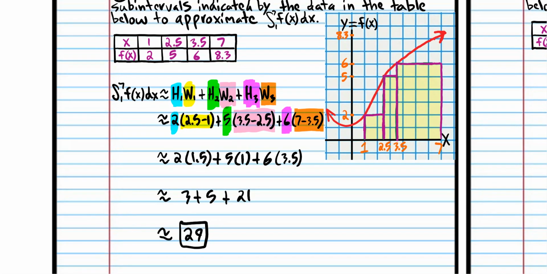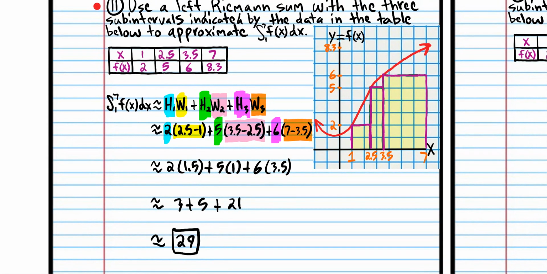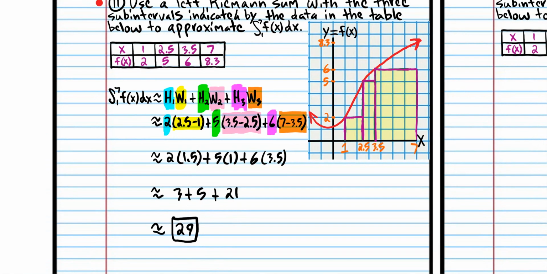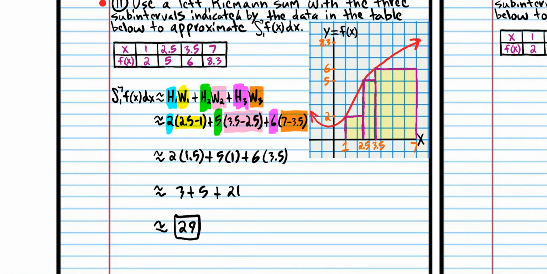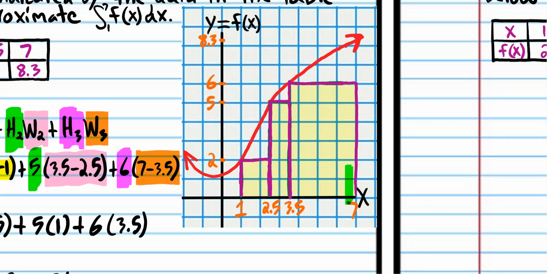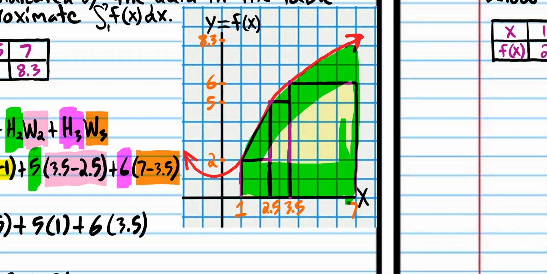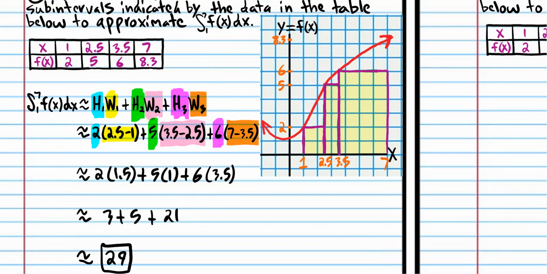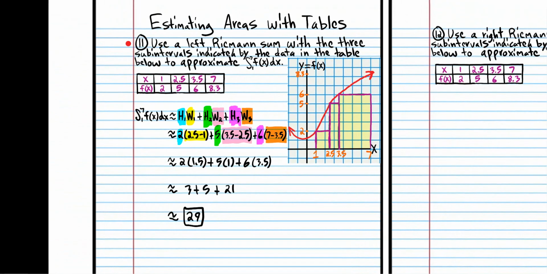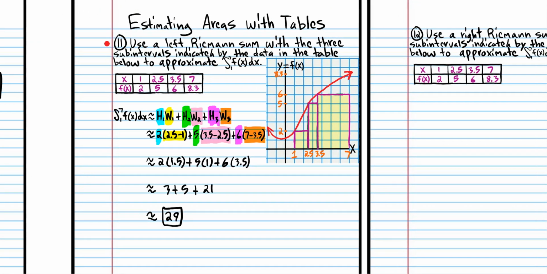That's the estimate for the integral of f of x from x equals 1 to x equals 7. So again, we approximated this green area between the x-axis and the graph of f of x from x equals 1 to x equals 7.